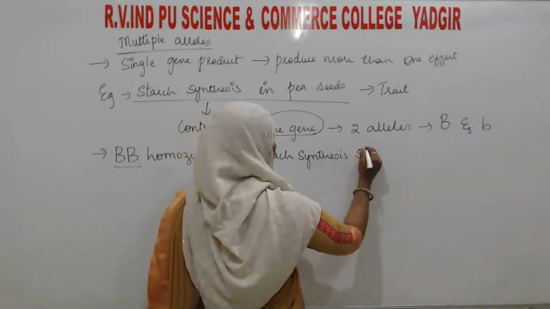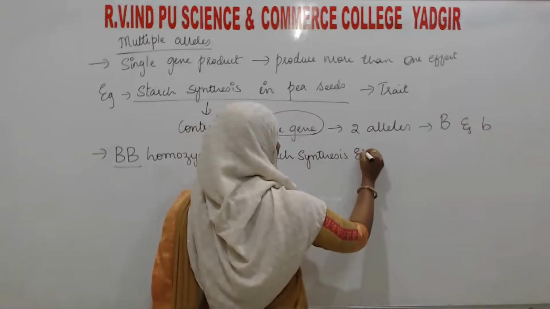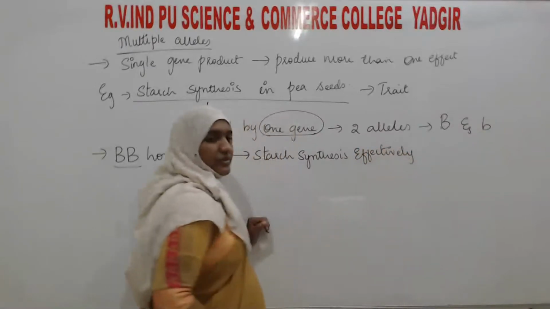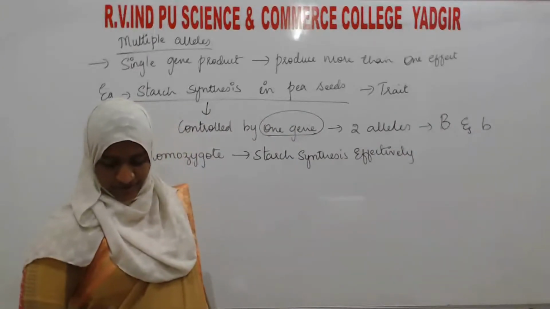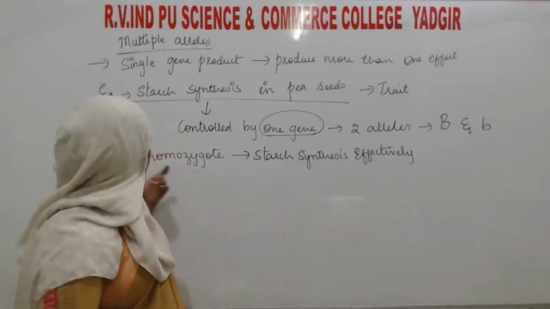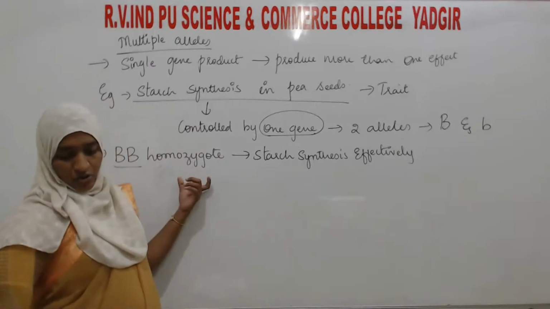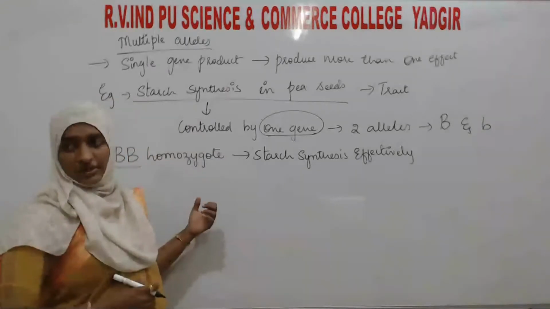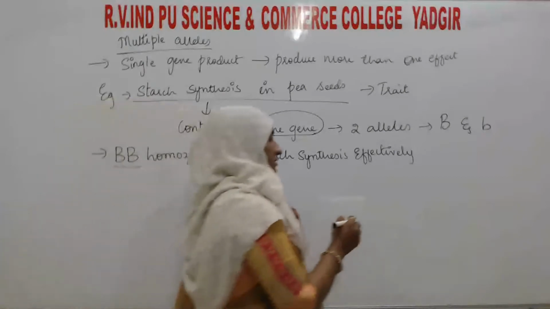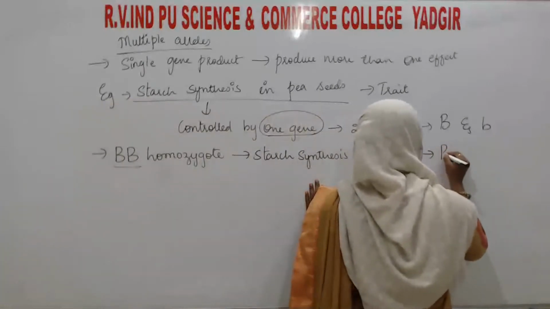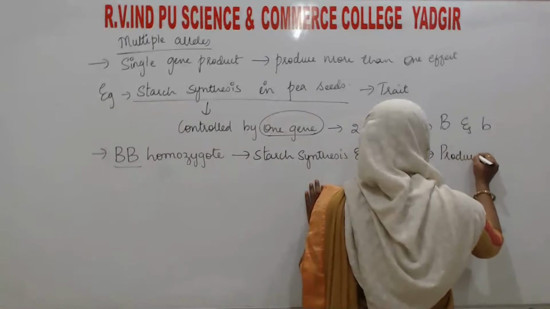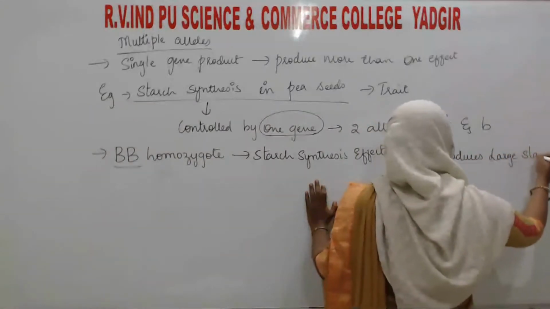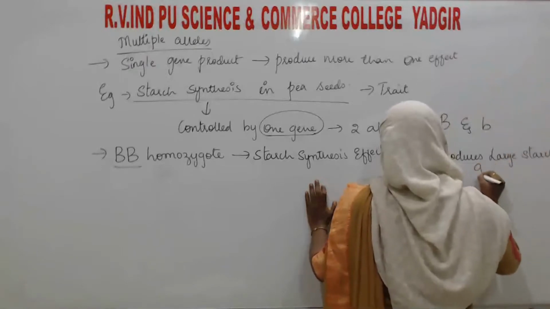Starch is synthesized effectively by the capital B homozygote, and they will produce large starch grains.